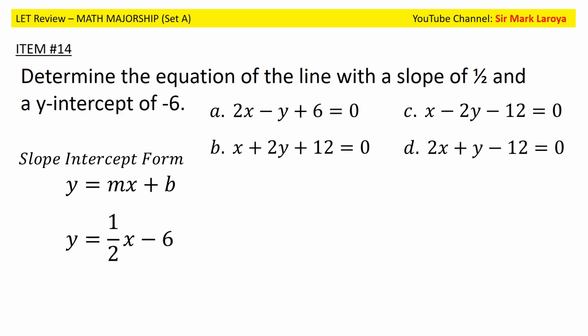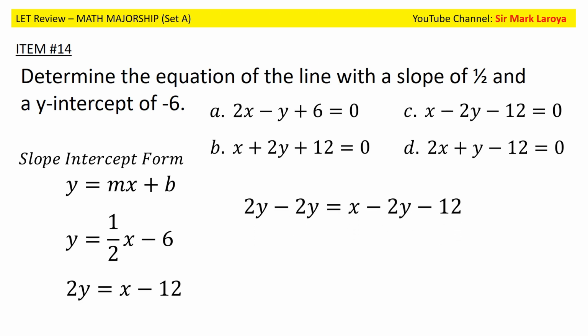And then, we're going to transform this into general form. Okay? So, we must first get rid of the denominator 2. So, what we can do here is multiply both sides by 2. So, now it will become 2y equals x minus 12. Okay? Now, what we're going to do is we're going to subtract both sides by 2y para malipat lahat ng terms na may variable sa right side.